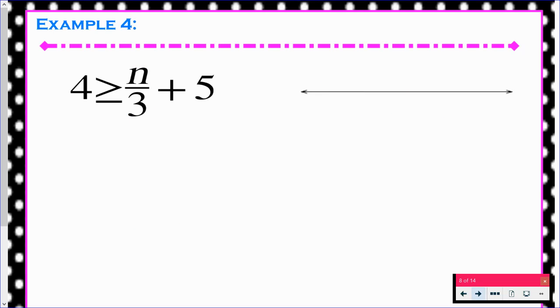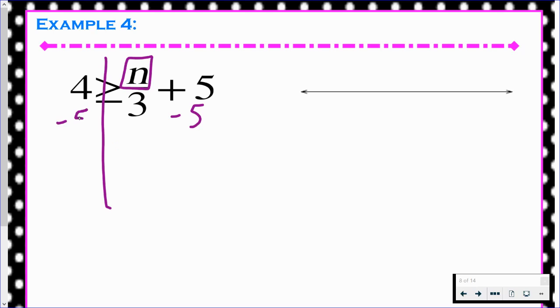Okay, now example 4, we have 4 is greater than or equal to n over 3 plus 5. First step, I'm going to subtract 5. 4 minus 5 is negative 1.